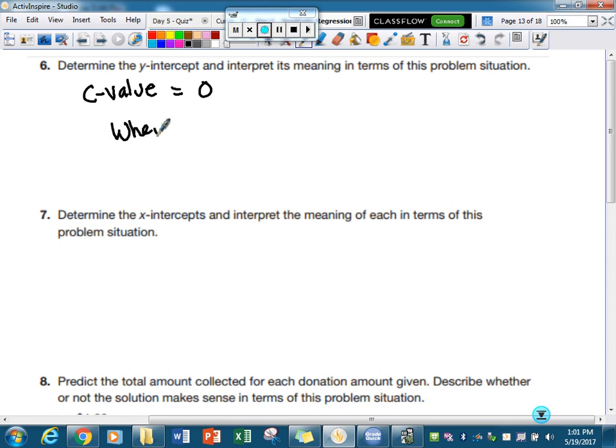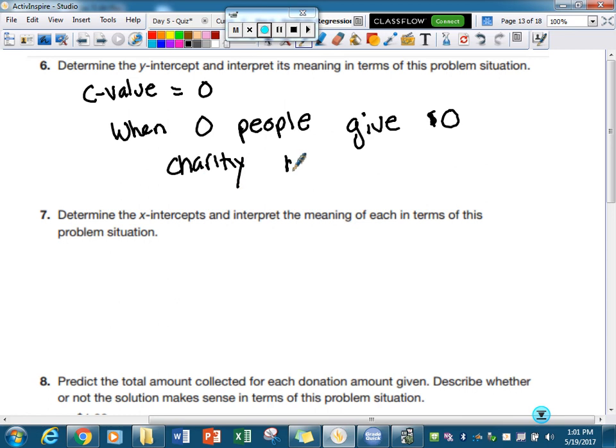When 0 people give $0, the charity makes $0. Kind of doesn't work with zeros, but think about it. It makes sense. If nobody donates, the charity gets nothing.